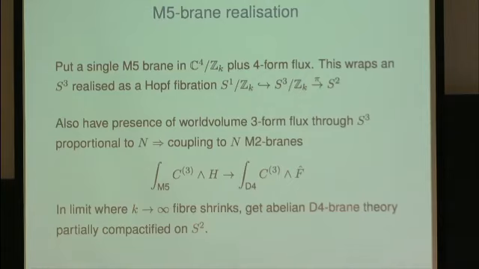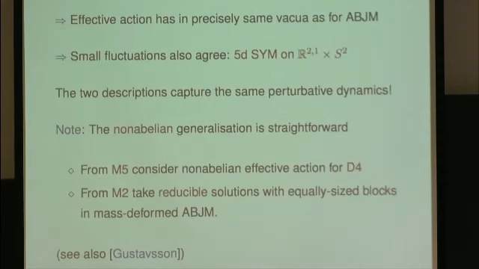So as I said, in the limit where K goes to infinity, this fiber shrinks, and you end up getting an abelian D4 brane theory, partially compactified on S2 with this flux F proportional to n through that S2. And I'm not going to bore you with the various details, but you can once again look at the effective action that comes out by studying this configuration.